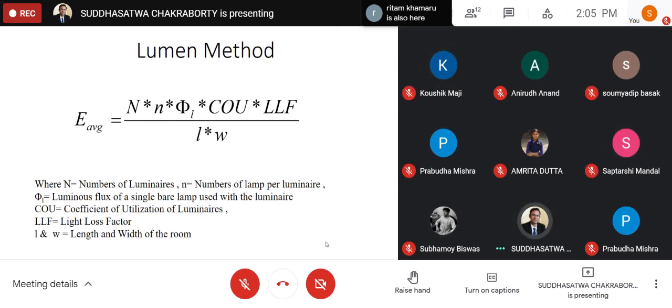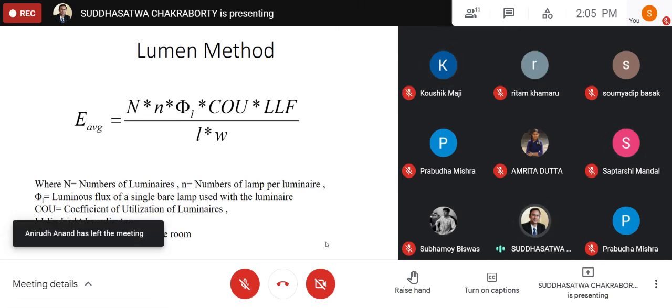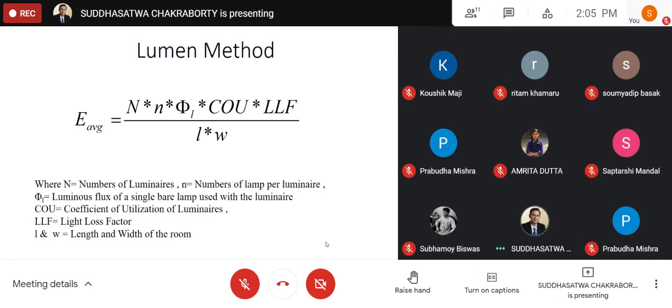Okay, thank you. So here in this case, we are talking mostly about the lumen method. Here, capital E average we are going to get from our standard. So as soon as I know the application of the room, E average is known. Now, my function is to estimate the capital N, the number of luminaires required to illuminate the KCR hall.